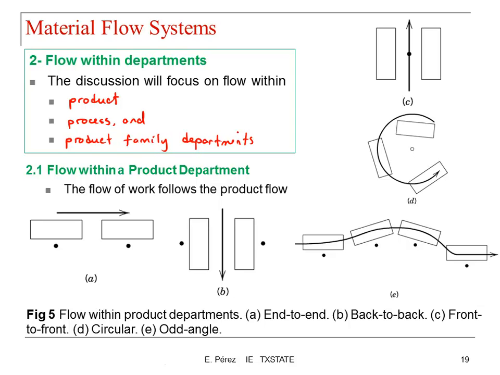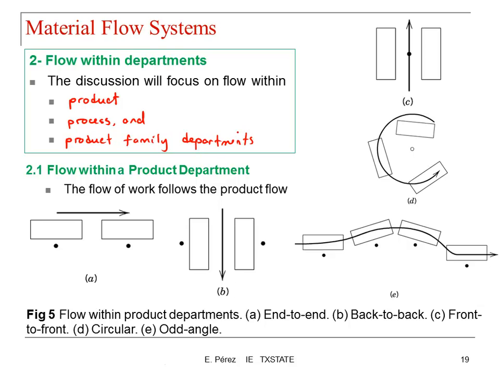B, back-to-back, so you're taking the product from this table to this table, and then you release the product. Z is where you stay in the middle of the stations, and you move this way. You finish, you move this way, and then deliver the product. D is the circular. This is what we usually see in cell manufacturing.